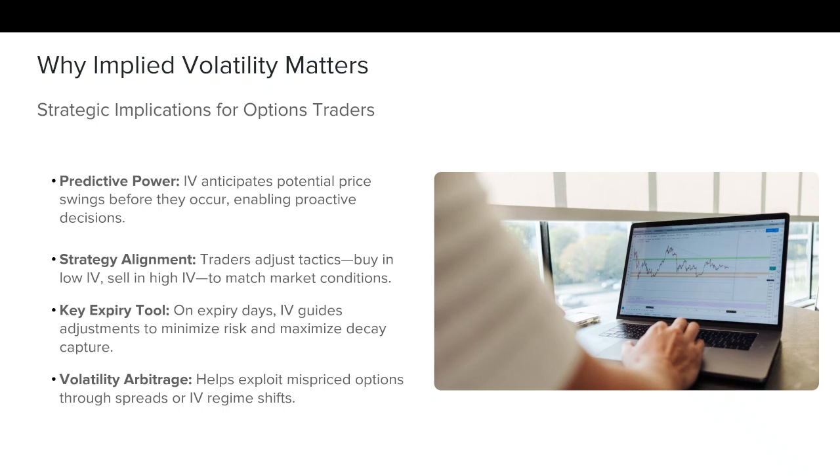On high stakes expiry days, IV becomes even more potent. It helps traders identify if there's still juice left in the premium or it's time to collect decay. Using IV intelligently isn't about complexity. It's about clarity and timing. When to act and how aggressively. That's the edge.